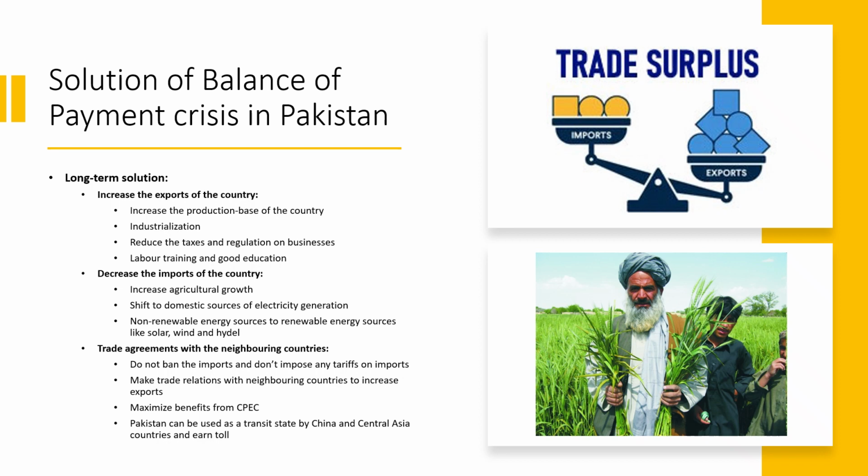Then we should shift to domestic sources of electricity generation, because we all know that we are generating our electricity by using hydrocarbons, and we are importing these hydrocarbons. So we should do an analysis of all the imports and exports of the country, and we should decrease the imports of the country. We should shift from non-renewable energy sources to renewable energy sources, for example, solar, wind, and hydel also. This is how we can decrease the imports of the country.